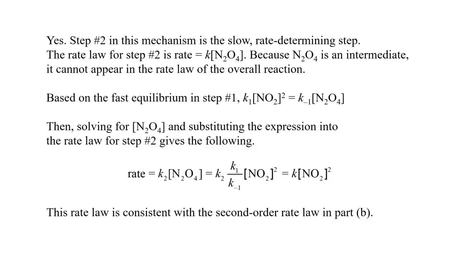We solve for N2O4, substitute into the expression for the rate law for step 2, and when we're all done, we now have a rate law that, yes, is consistent with the second order rate law in part B. So hopefully the steps in that procedure for how to get rid of the intermediate and then finish up with an acceptable rate law that does agree with the experimental conditions, hopefully that procedure makes sense to you.